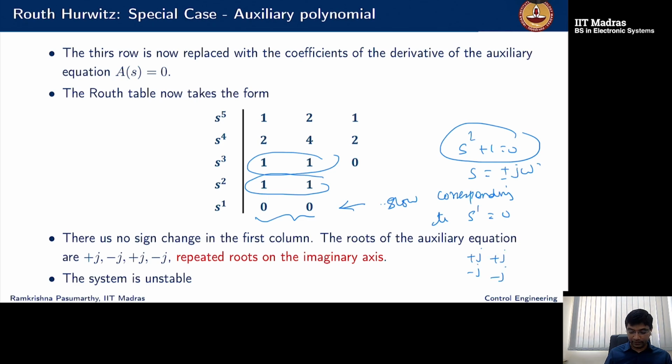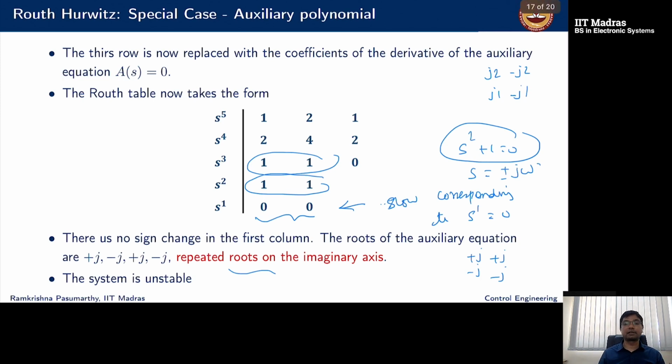And what we know is that whenever there are repeated roots on the imaginary axis, the system is unstable. On the other hand, if I have j2, minus j2, j1, minus j1, this system is marginally stable. But if they are repeating at the same instance, that is, if you have a root at plus j, minus j, and another root at plus j, minus j, then the system is unstable.